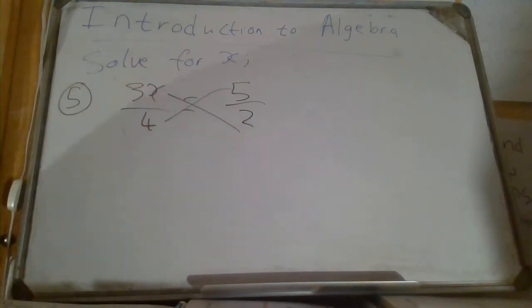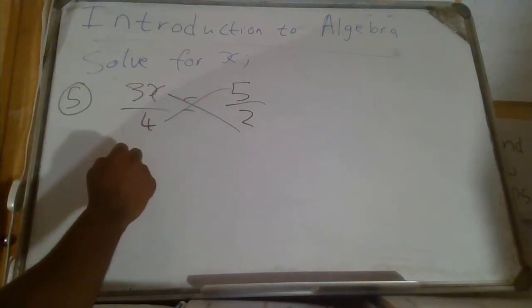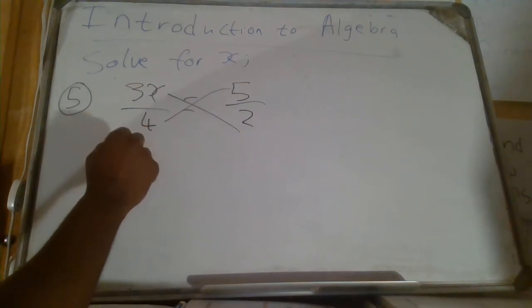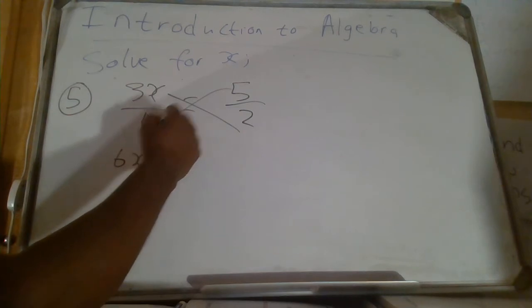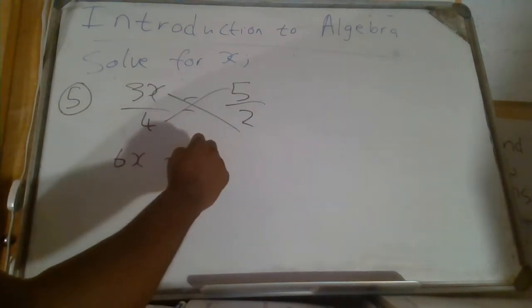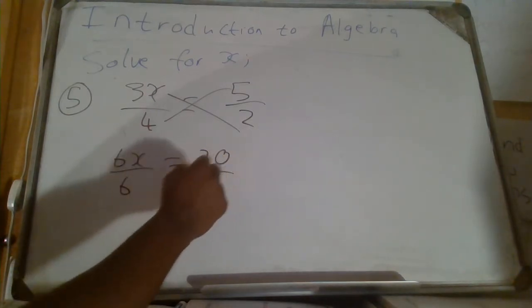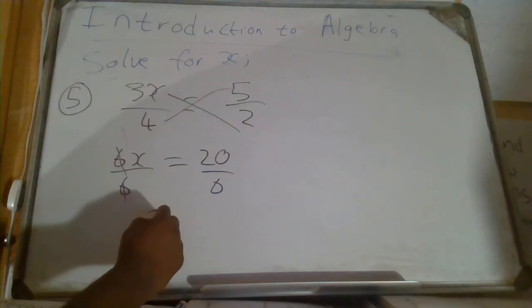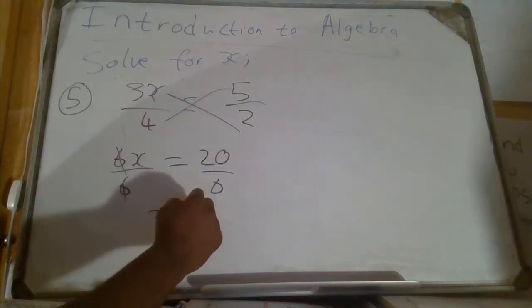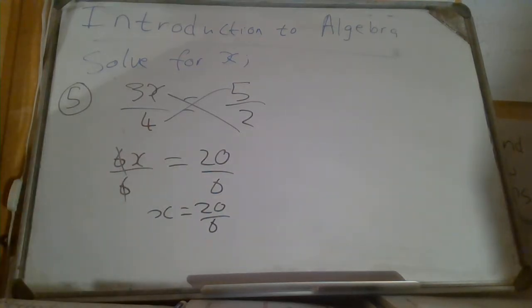So 3x times 2, we're going to get 6x. Yes, and then 4 times 5, we're going to get 20. And then when we are here, we divide by 6, and then we divide by 6. This cancels this, and then we'll remain with x, which is equal to 20 over 6, right?